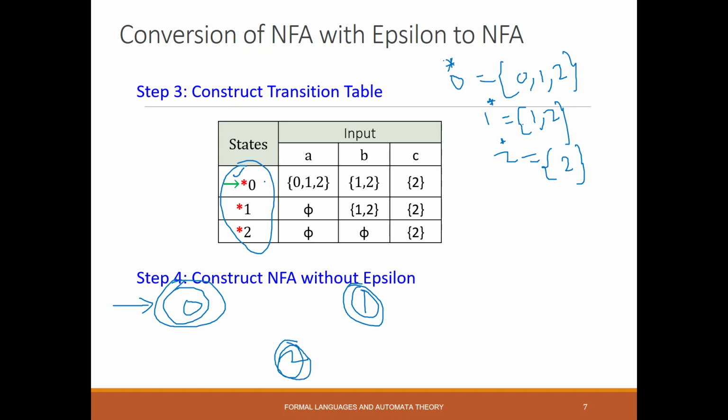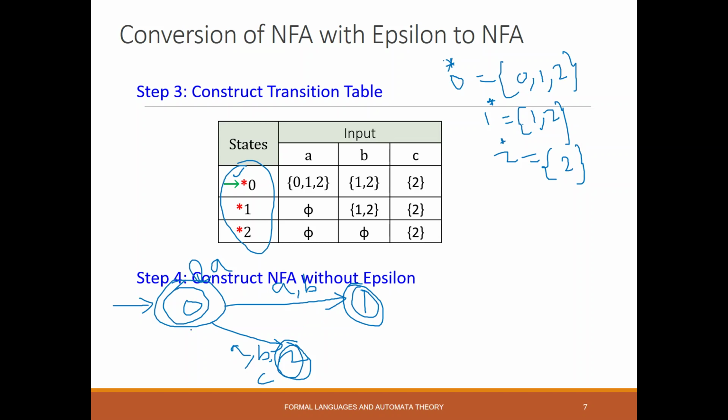Now 0 on a goes to 0, it also goes to 1, and it also goes to 2, right? So a. Now 0 comma b goes to 1 comma 2. Since we already have a transition, I can simply put a comma here, a comma b. Likewise I can do for this also, a comma b, right? Next 0 comma c goes to 2, right? So a comma b comma c.